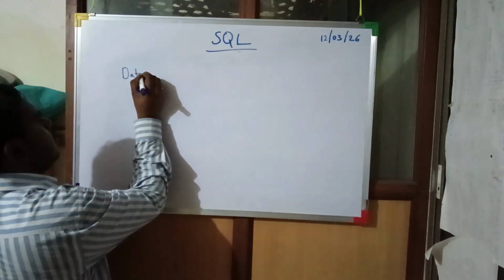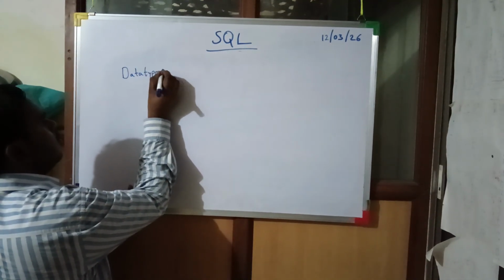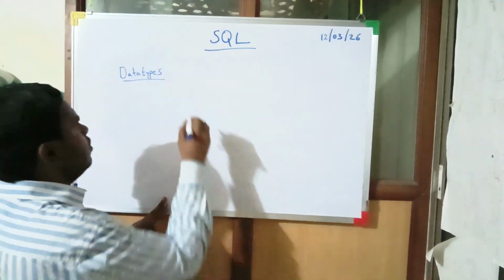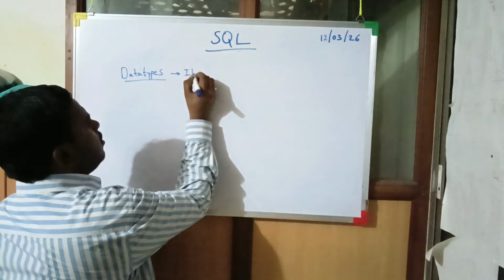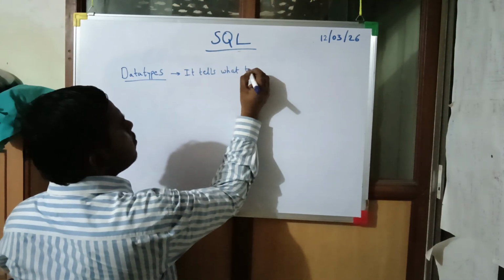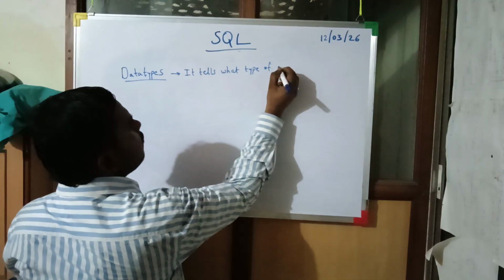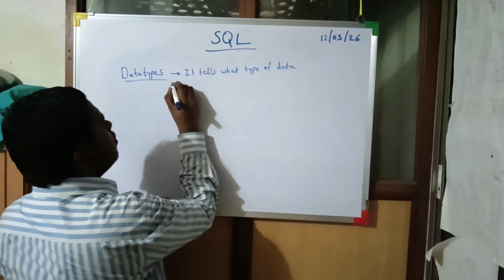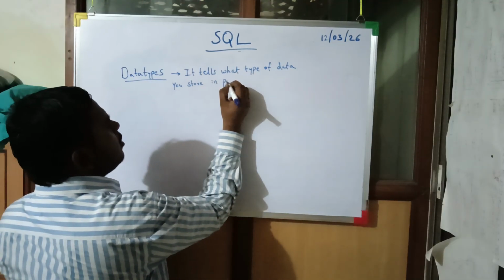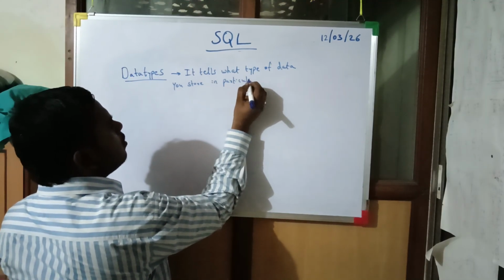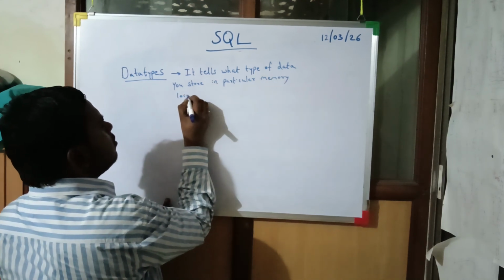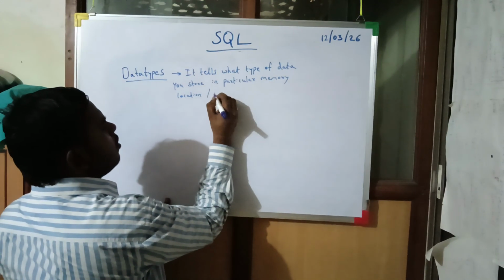Data types. So first of all, what is a data type? A data type tells what type of data you store in a particular memory location or column.